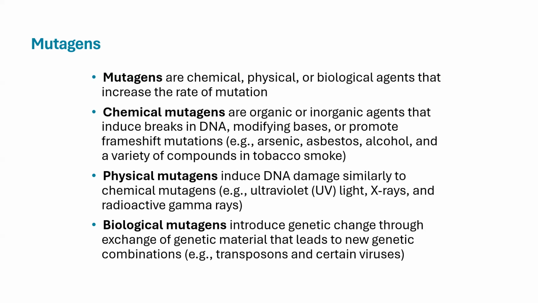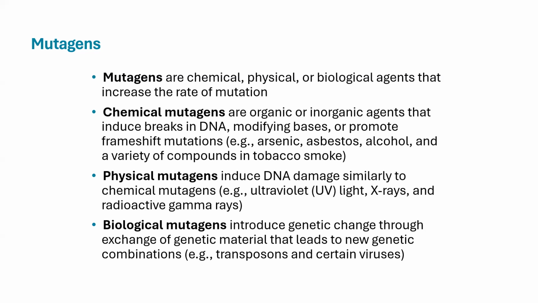Mutagens come in a couple of different formats. These are chemical, physical, or biological agents that increase mutation rates. For chemical mutagens, it's going to be stuff like arsenic, asbestos, alcohol, and tobacco smoke. Physical mutagens are going to be things like UV light, X-rays, and gamma rays.